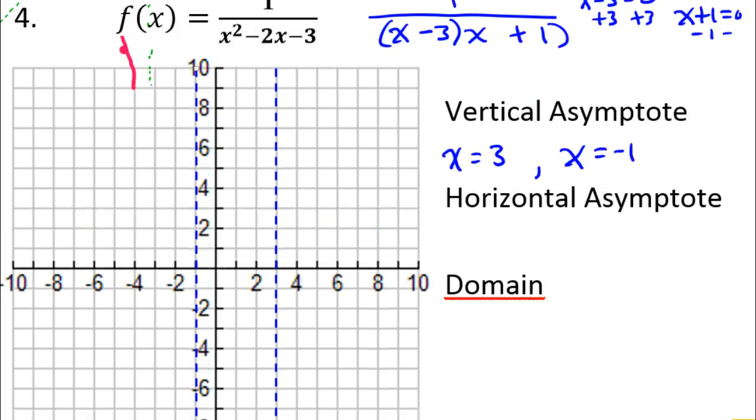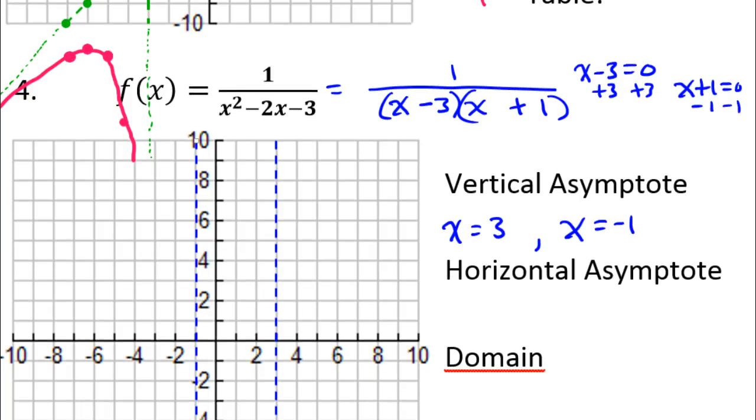Well, let's take a look here. See? The degree of the numerator is 0 because there are no x's up here. The degree of the denominator is 2 because of this. So the degree of the numerator is less, and that means the horizontal asymptote will be y equals 0, which will be a horizontal line.